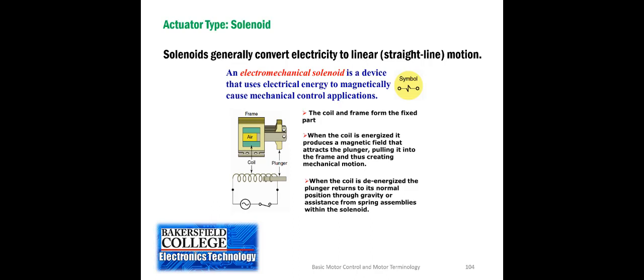Now, generally, a solenoid has a very short movement, a short distance of travel, but usually that's enough to do things like close contacts or move a lever or do other things that will cause something mechanical to happen. And its symbol looks like a part of a resistor symbol.